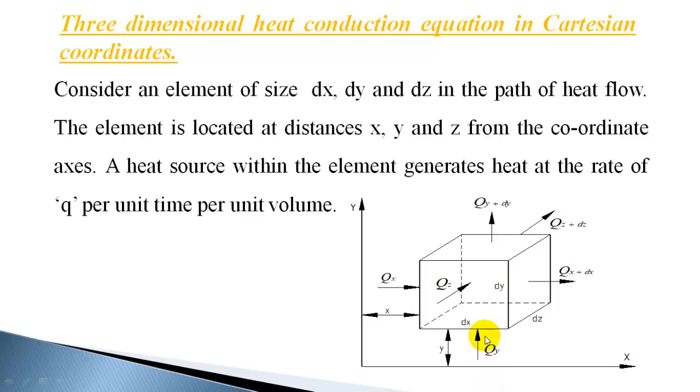Similarly, in the y direction, Qy is the rate of heat flow into the element and Qy+dy is the rate of heat flow from the other end of the element in the y direction. In the z direction, Qz and Qz+dz are similar quantities. So the heat is flowing in the x direction, the y direction, and the z direction.